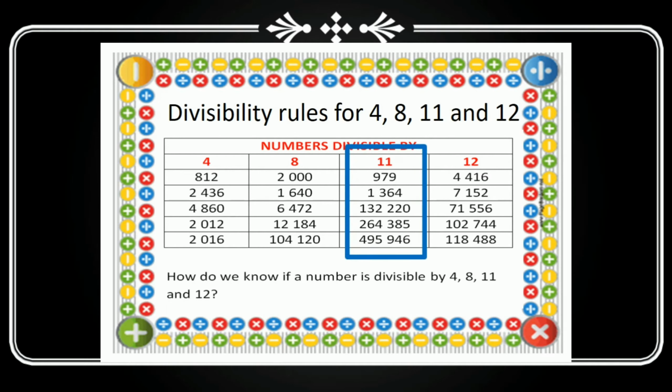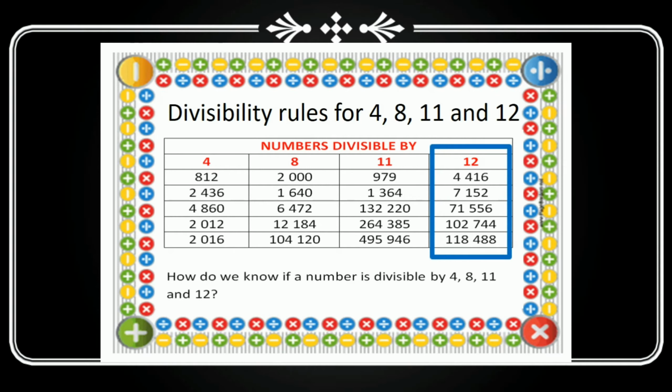For numbers divisible by 11, we have 979, 1,364, 132,220, 264,385, and 495,946. These are the numbers divisible by 12.